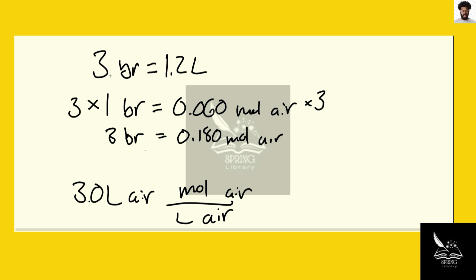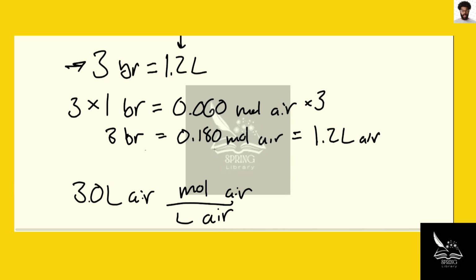Well, hey, we already know that 3 breaths is equal to 1.2 liters of air, right? So this must also be 1.2 liters of air. Now we know the relationship between moles of air and liters of air. It's 1.2 liters is equal to 0.18 moles of air.